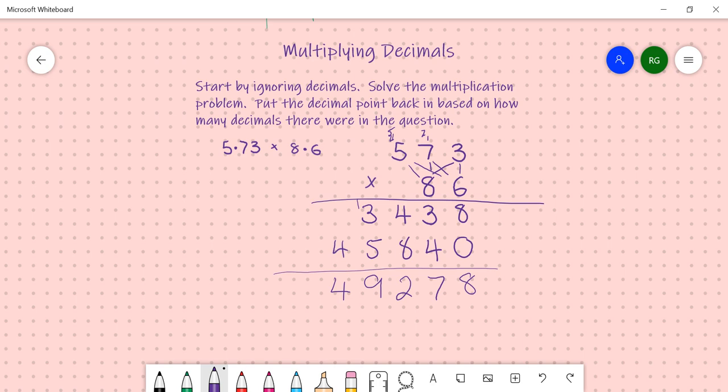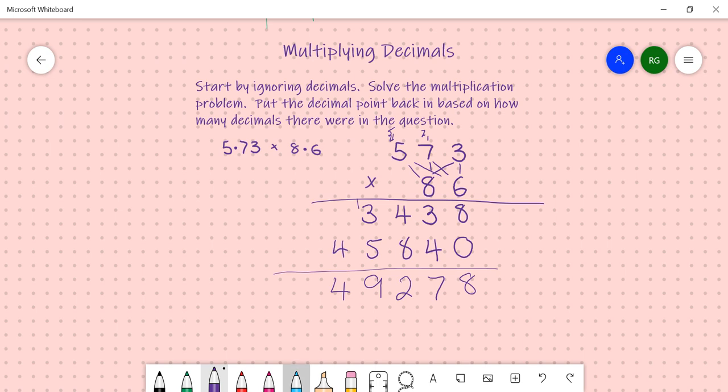So 5 times 8 is 40, 6 times 9 is 54, so it's going to be somewhere around that mark. Now, if you look at the numbers we have, is it likely to be 4.9278, 49.278, 492? You might be able to get what the answer is likely to be.